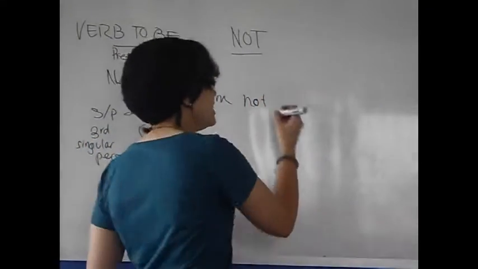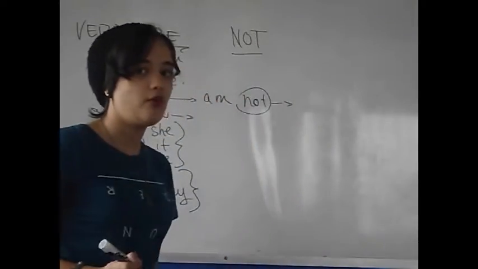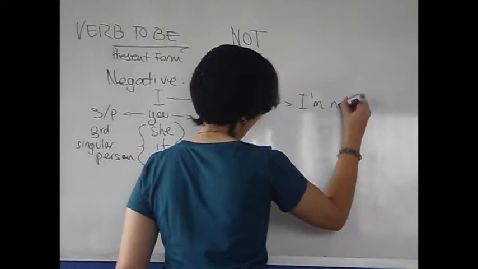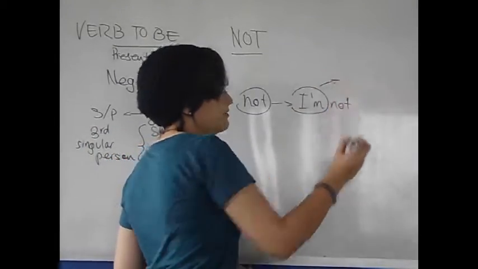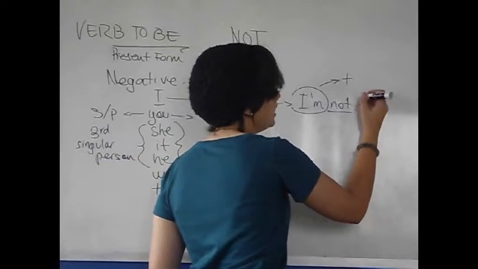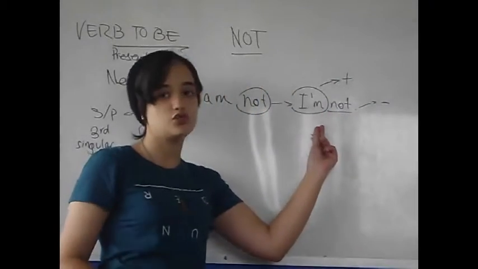Okay? So here the contraction cannot be done to the negative form, but can be done at the affirmative form. At the end, it's simply a contraction as the infinitive form, the positive form, and the negative form stays in its natural state because you cannot contract these two.